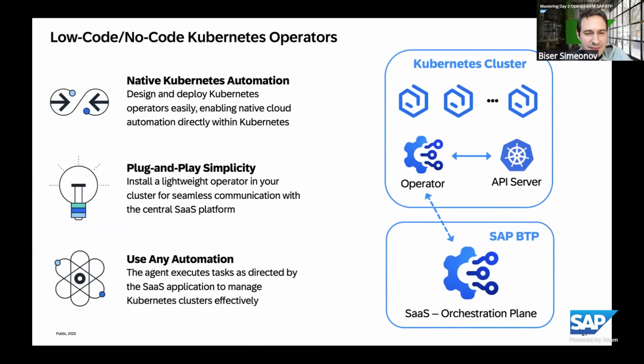Right. Speaking about S/4HANA and Cloud Connectors, the automation pilot also supports Kubernetes operators. So in case you have a Kubernetes cluster, we have an option so that the automation pilot can securely connect and operate within your Kubernetes cluster.